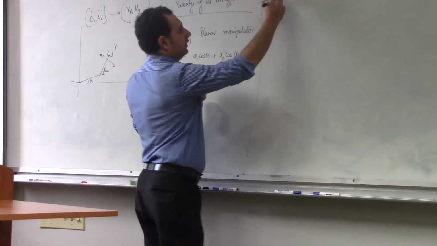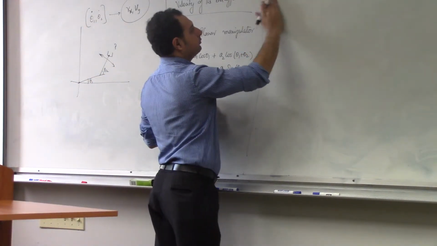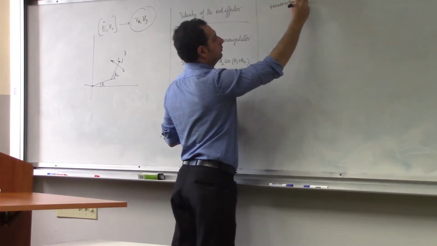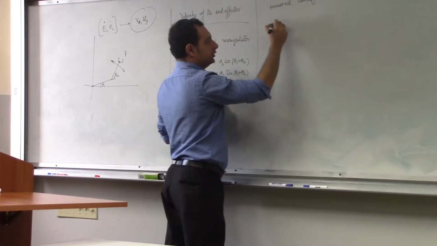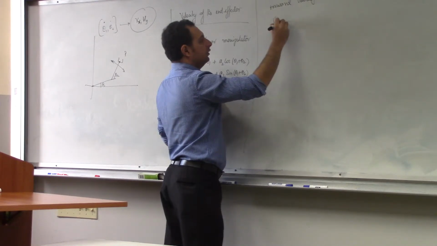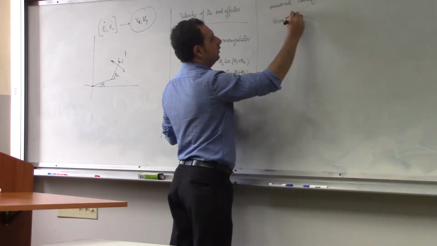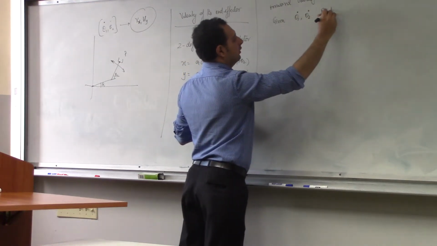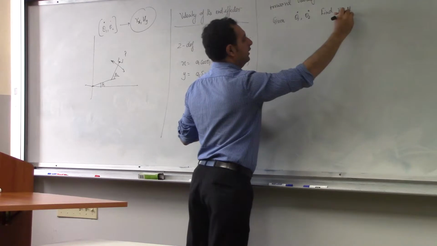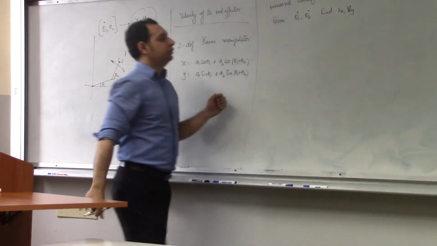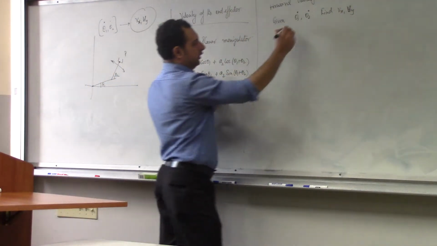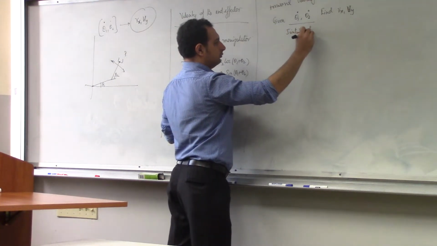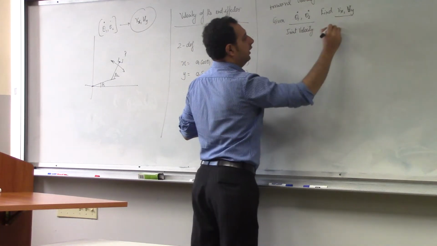So forward velocity is: given θ1 dot and θ2 dot, find Vx and Vy. In this case you know the joint velocity, and we need to find the end effector velocity.